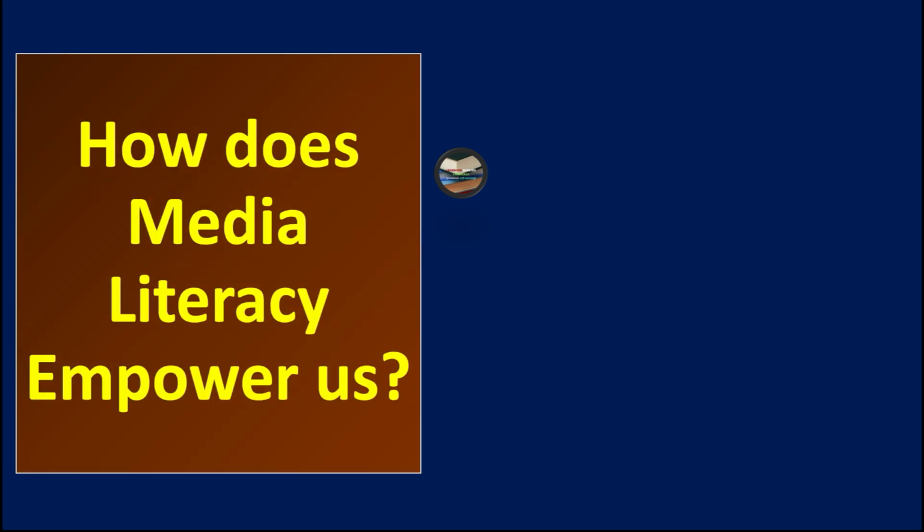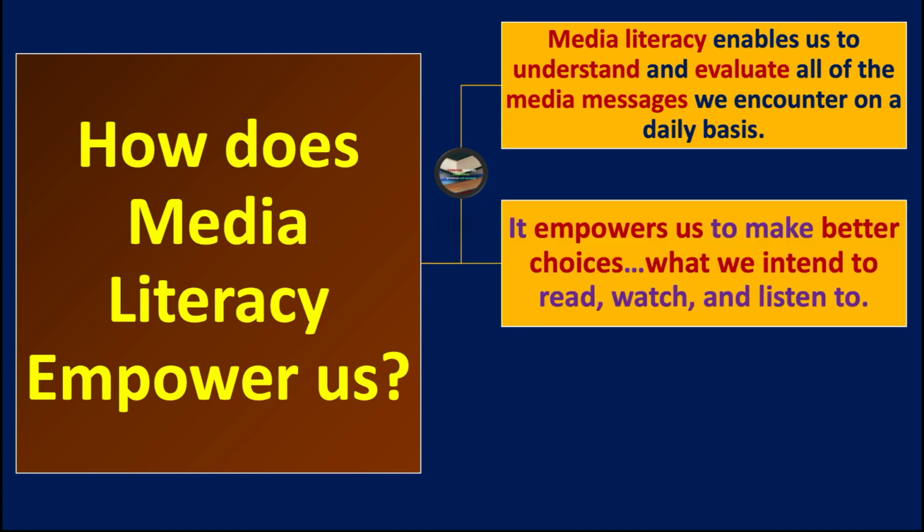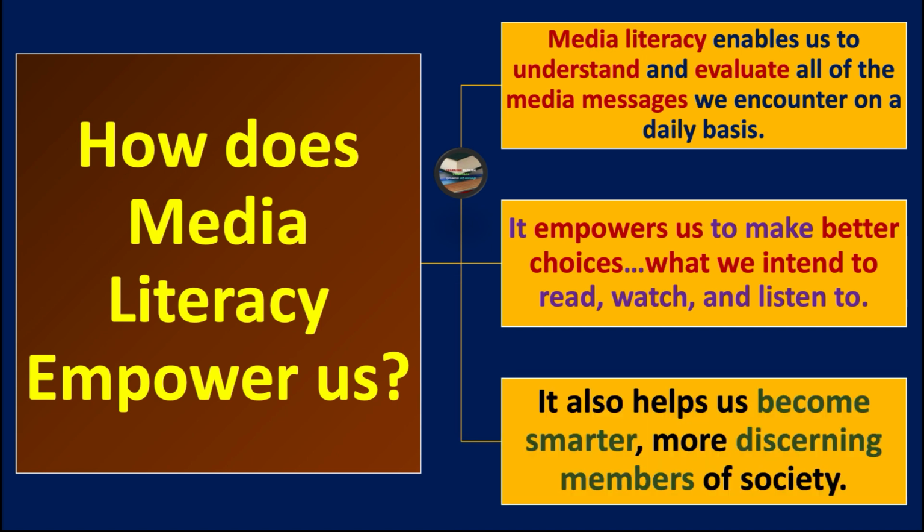How does media literacy empower us? Media literacy enables us to understand and evaluate all of the media messages we encounter on a daily basis. It empowers us to make better choices about what we intend to read, watch, and listen to. It also helps us become smarter, more discerning, more educated, much wiser members of society.